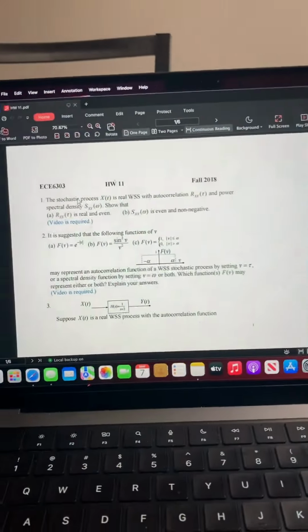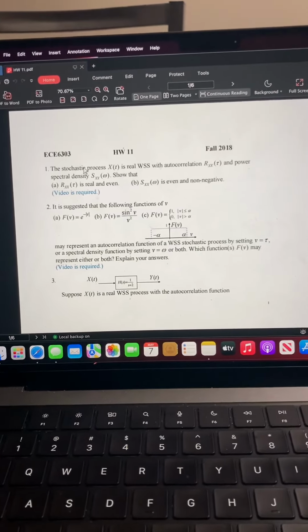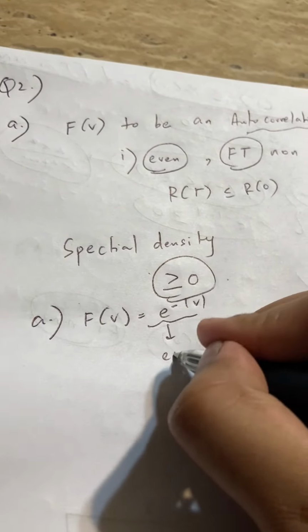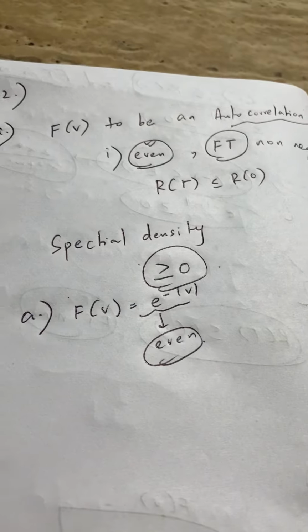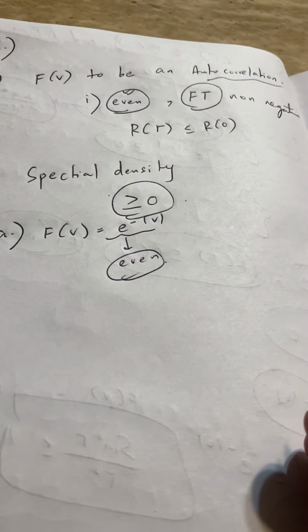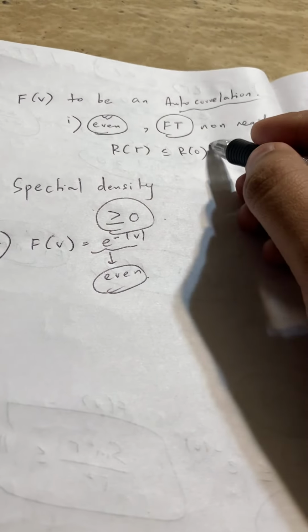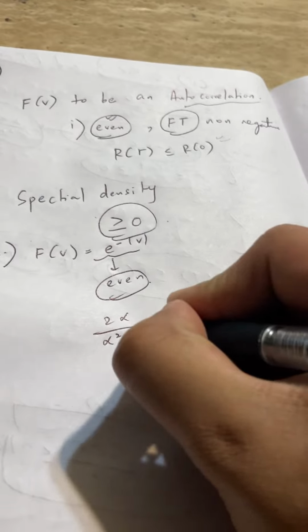So in part A, we are given f of v as e to the power of minus mod v. For this function, we can clearly see that it's an even function, so this has been satisfied. So let us look at the Fourier transform. The Fourier transform for this equation becomes 2 alpha by alpha square plus omega square.